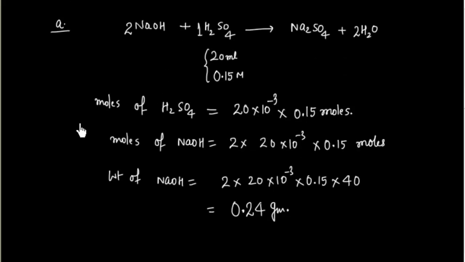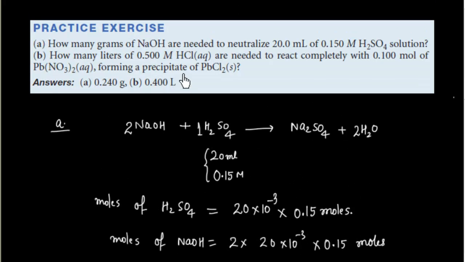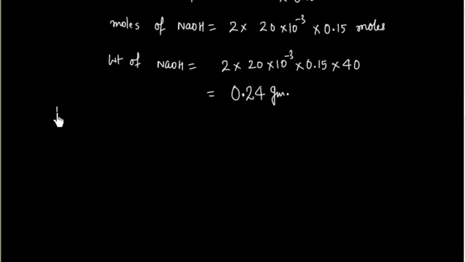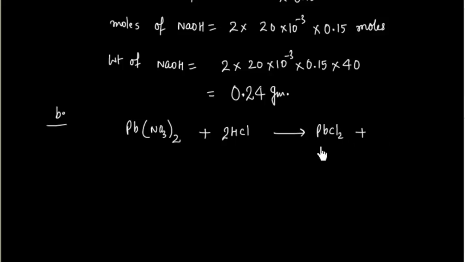Now the B part. We have a reaction between HCl and lead nitrate. Let us write the reaction first. We have lead nitrate plus 2HCl. This time it is a precipitation reaction, not an acid-base reaction. It will form PbCl2 and 2HNO3.